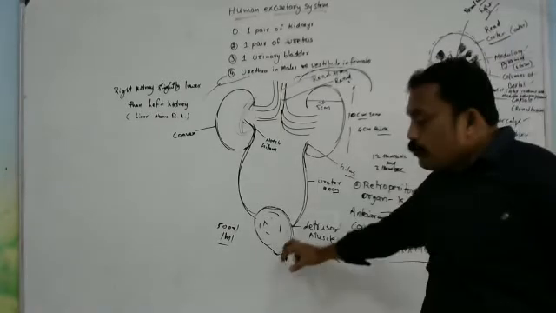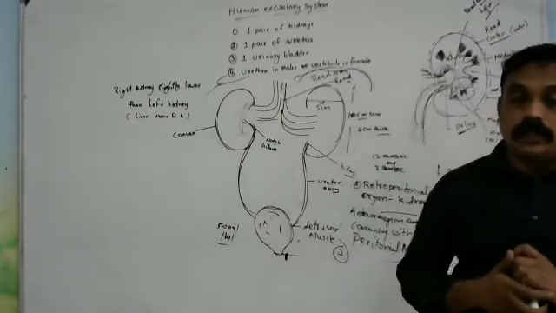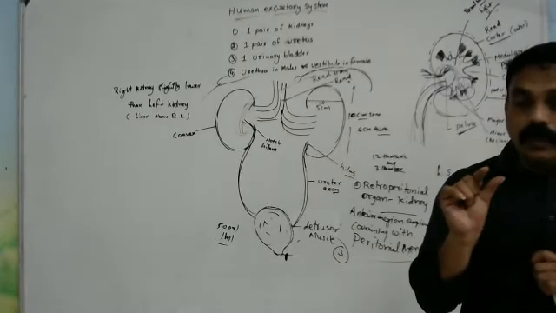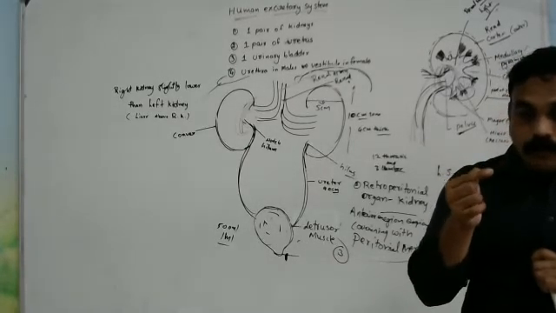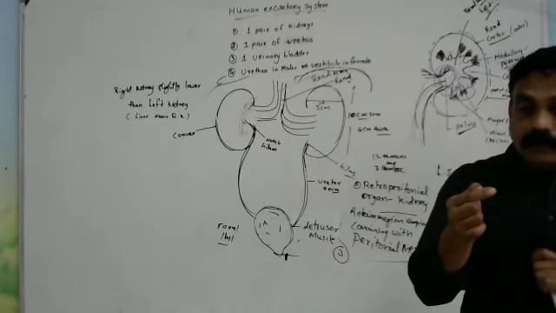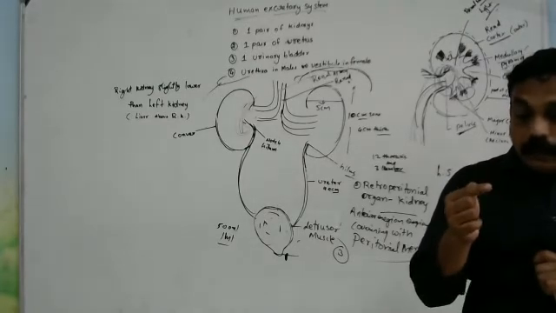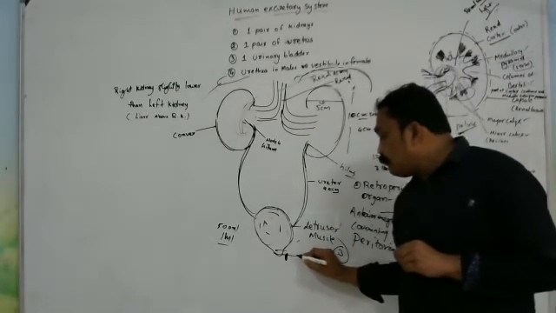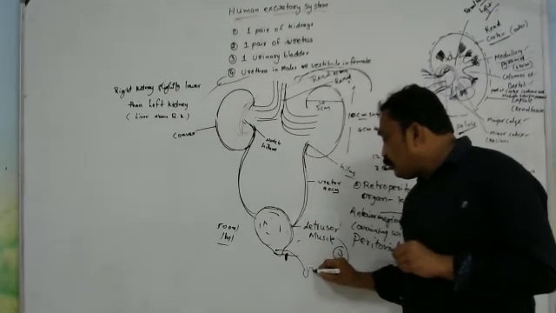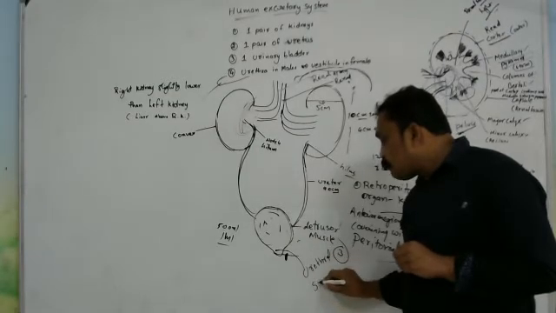When we send the urine outside, the voluntary sphincter is involved. A sphincter is just a valve-like structure. So I will write here: urethral sphincter.